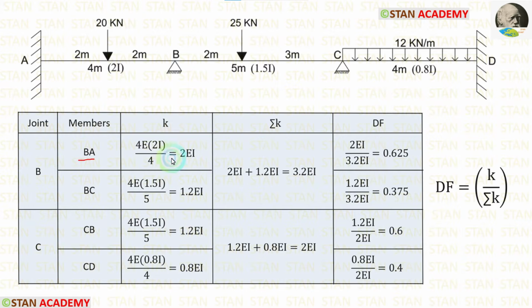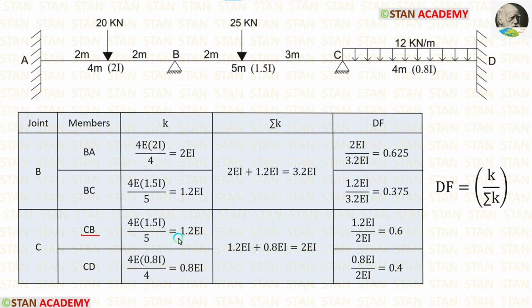For BA, K is 2 EI, sigma K is 3.2 EI. When we apply inside this formula, we are getting 0.625. For BC, K is 1.2 EI, sigma K is 3.2 EI. When we apply inside the formula, we are getting 0.375.